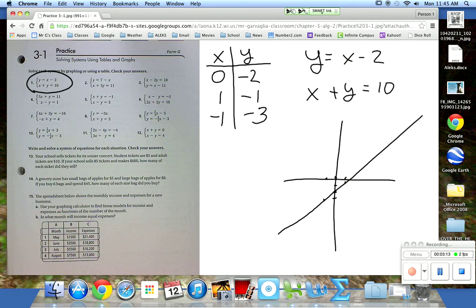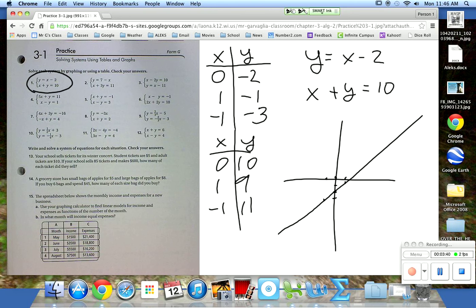Let's continue my t-chart down here, X, Y. If I put 0, 1, -1 into this, 0 in for X, Y is 10. 1 in for X, Y is 9. -1 for X, Y is 11.